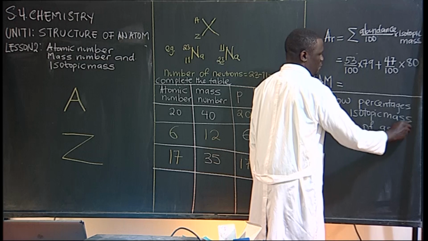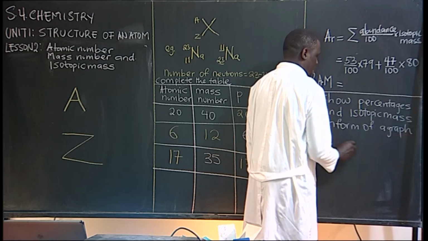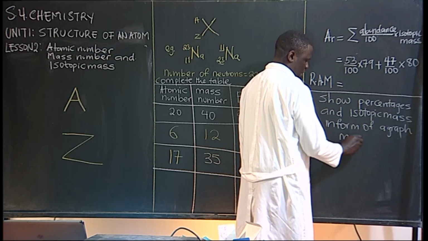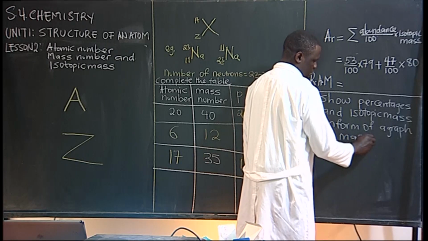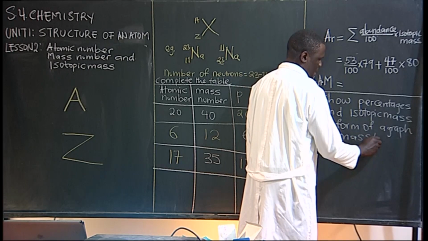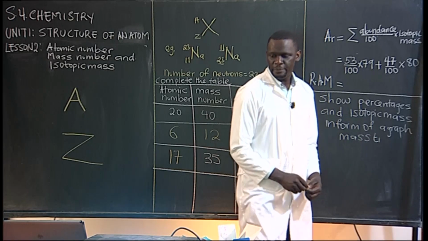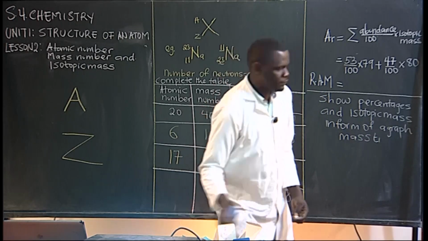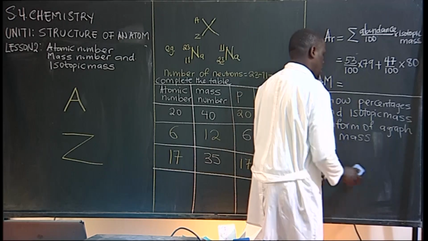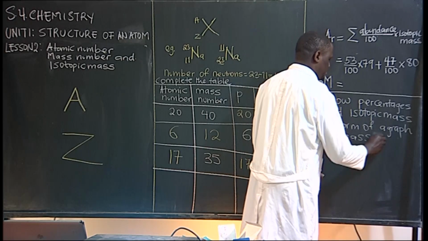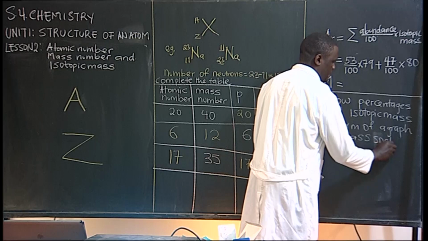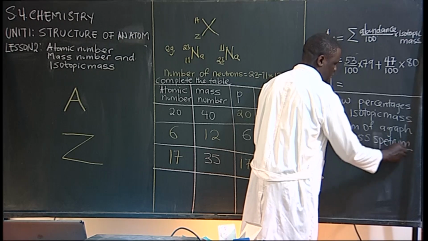This graph is normally called the mass spectrum.